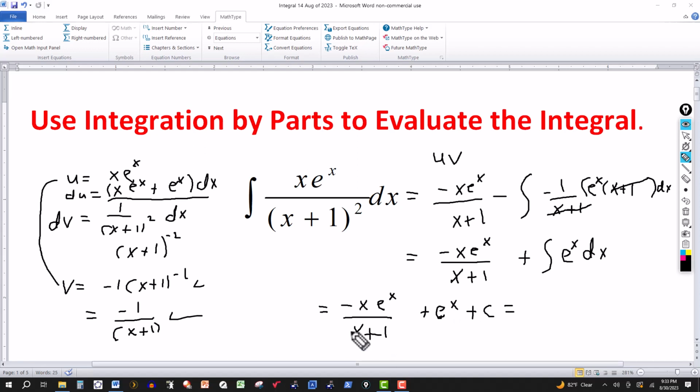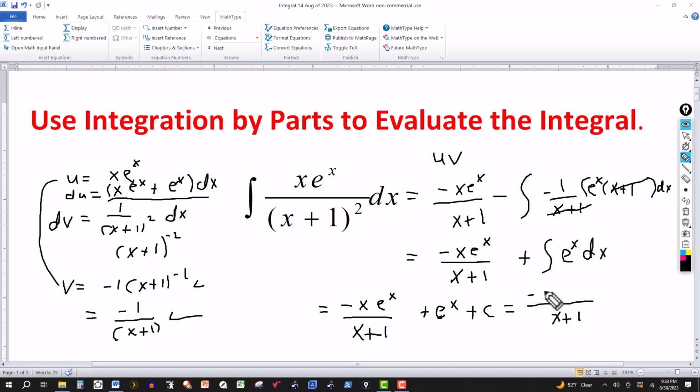And that's the answer actually. But you might see some textbooks simplifying this, so they get the common denominator, which is x plus 1, and combine. So let's just do this. I'm going to put everything over x plus 1. So I got x plus 1 here, the denominator.